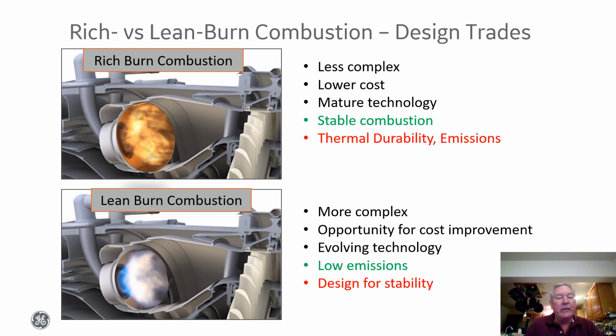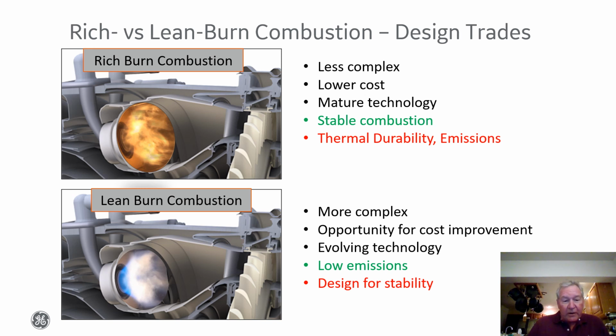So on the contrary, the lower figure shows a lean burn combustor. You can see the flame is not sooty like the rich burn combustor. So it has great benefits in emissions, both for smoke as well as NOx emissions.